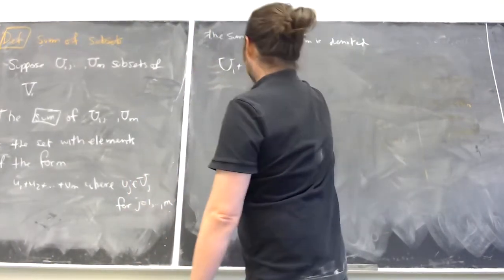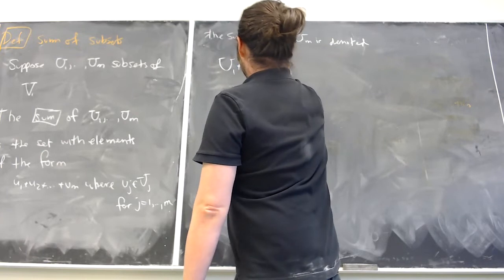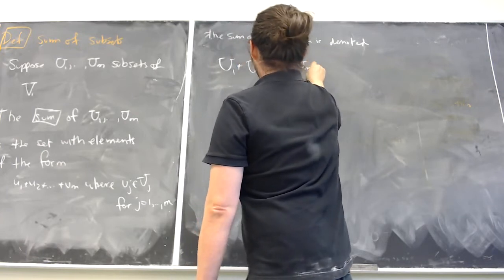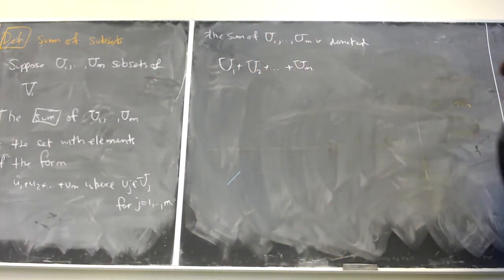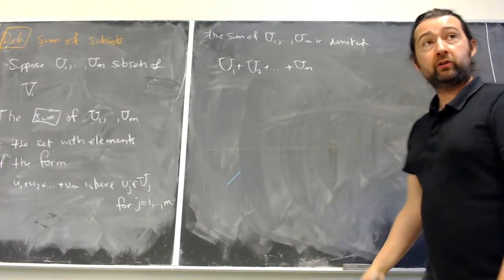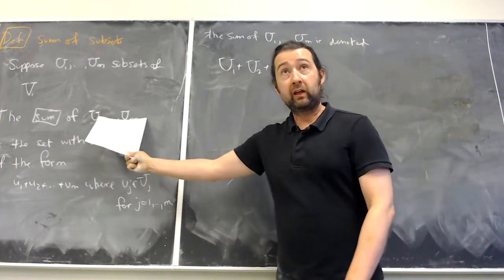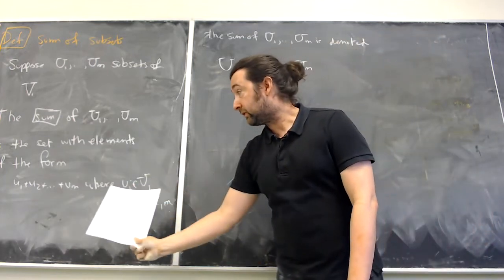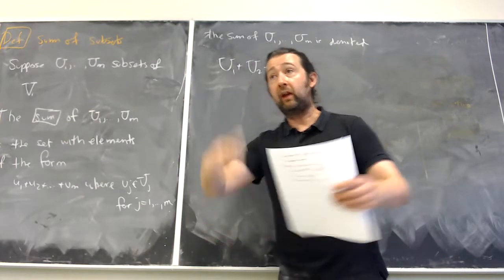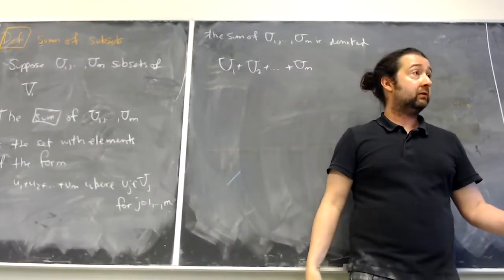Probably shocking that we use a plus sign. That's it. If I'm adding the elements of sets together, this is what I mean. Now notice, there is no subspace structure here. I'm literally just saying, you give me some sets, I construct the set sum by adding the bits together in all possible ways.